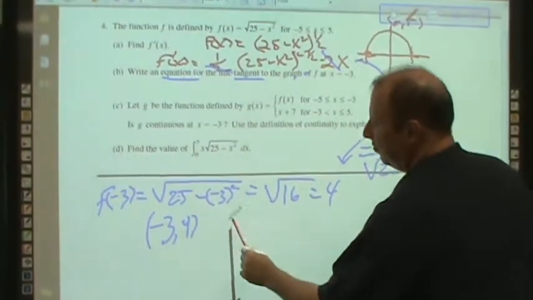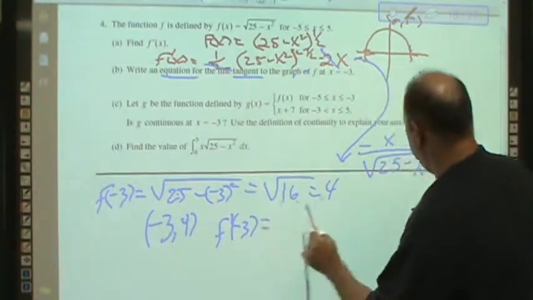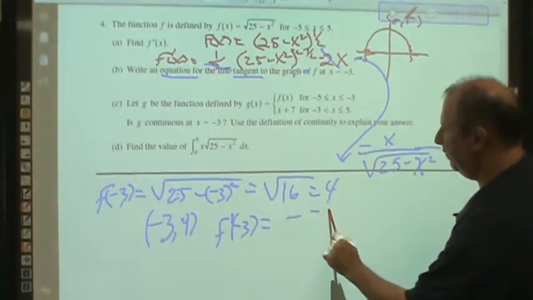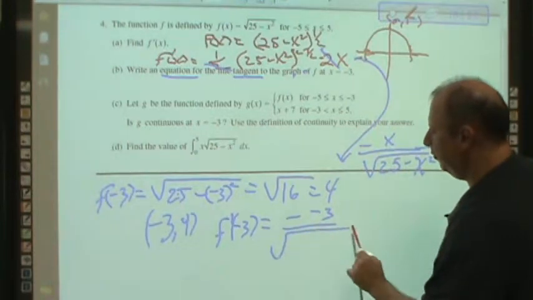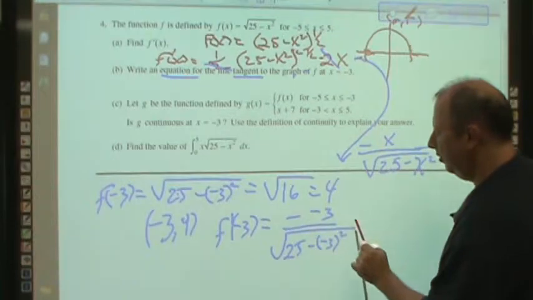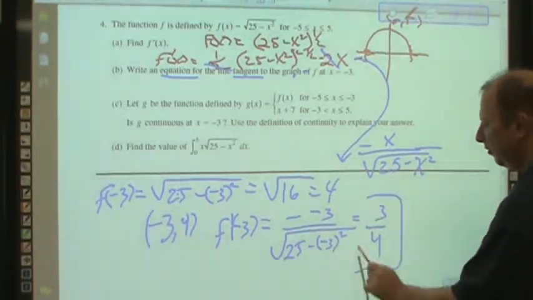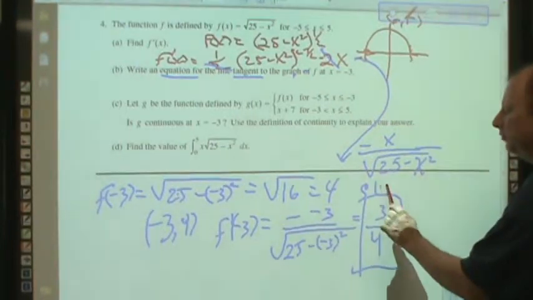Okay? So f prime of negative 3 is equal to negative negative 3 over the square root of 25 minus negative 3 to the second power, which equals 3 over 4. This now represents your slope.